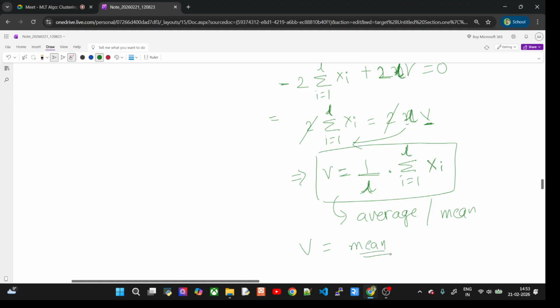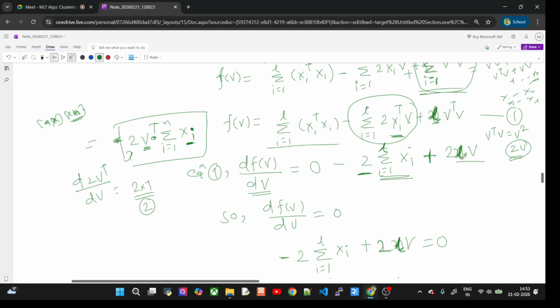Whatever the formula we mentioned, whatever the point we showed, you need xi minus, okay, I will just write here. So whatever the point you want to figure out, you need to figure out the point v star, and that v star means the value of that point which minimizes the sum of the square distance.